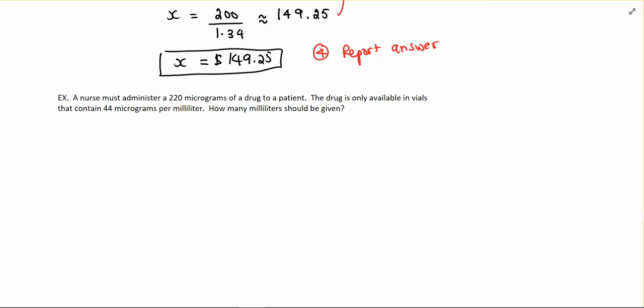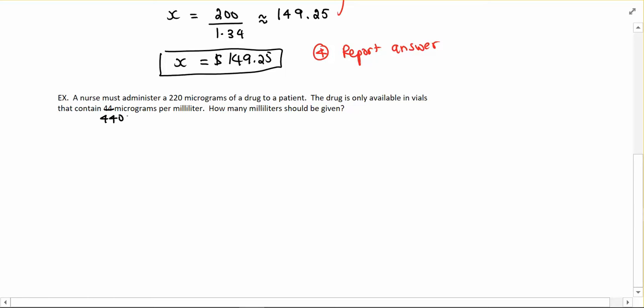I think that's a typo there. It should be 440 micrograms. Sorry about that. Make the change in your notes if you're taking notes. 440 micrograms per milliliter. How many milliliters should be given?